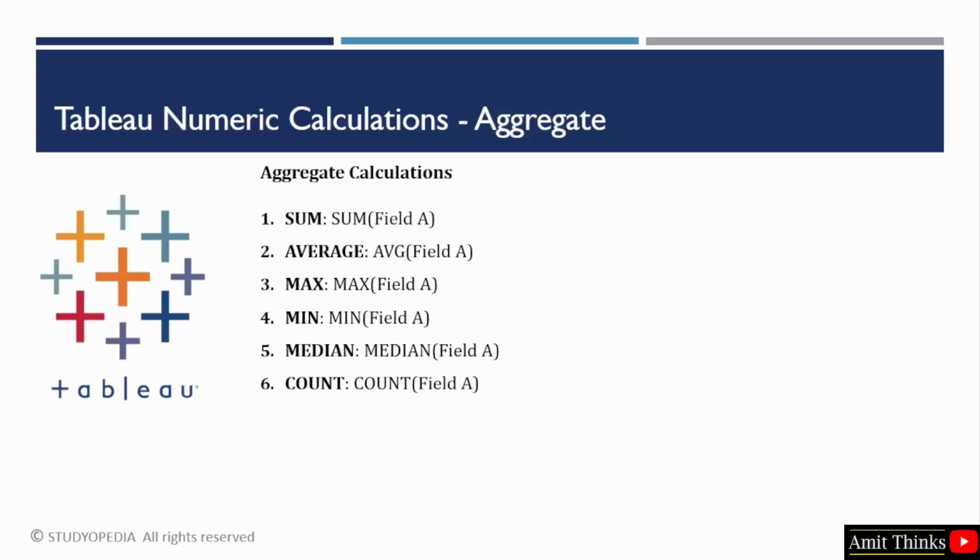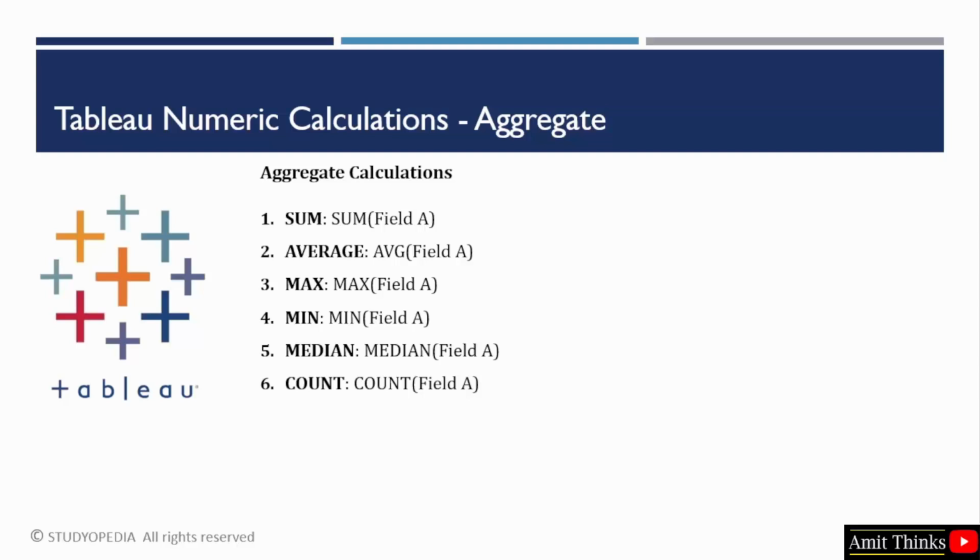Then comes your aggregate. In the previous lectures we saw that when we dragged our sales it was sum of sales, and in one of them we also changed the aggregation level to average. So sum, average, max, min are a part of aggregate only. If you want to count the field, you can use the count method. If you want the maximum sales, you can get the max.